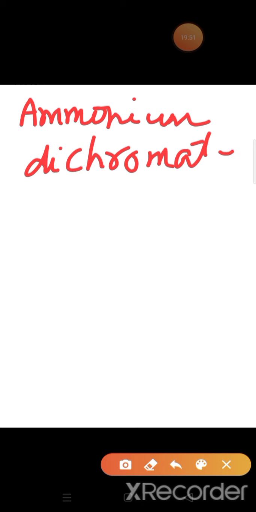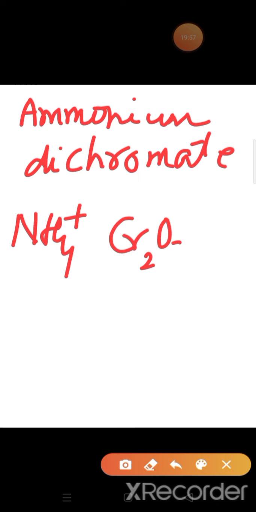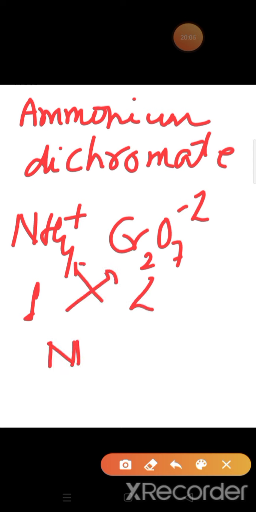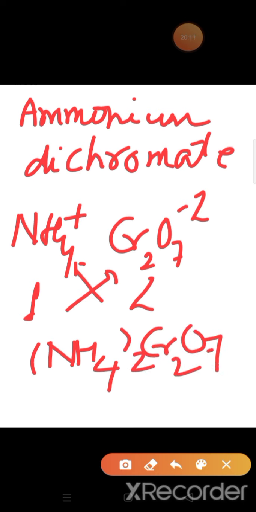The valencies are cross transferred. The formula is (NH4)2Cr2O7. The formula of ammonium dichromate is (NH4)2Cr2O7.